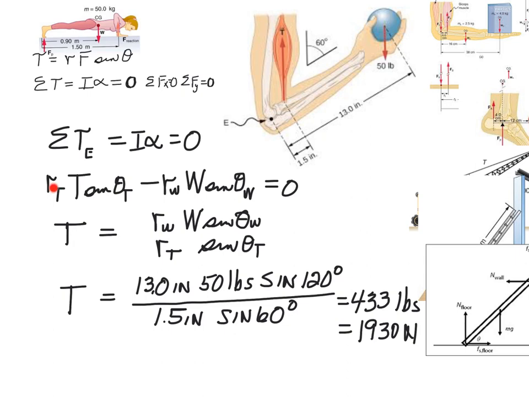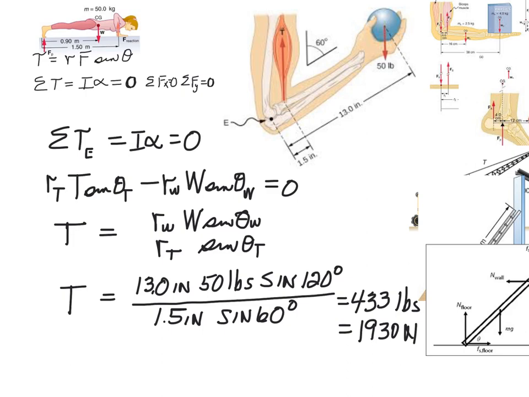I called it R for the tension force, and I called this R for the weight force, rather than write the numbers in. So the R, the F, and the sine of theta, right? For each one I'm doing an R, an F, and a sine theta, minus the other R, that's the 13 centimeters, times the weight, the 50 pounds, times the sine of that angle.